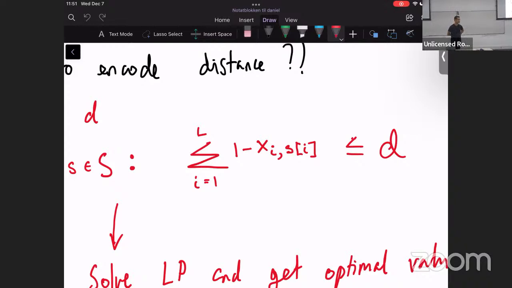Correct. Yes. So for each individual string, the expected value of the distance from the center to that string is at most LP opt. That's somehow the key.